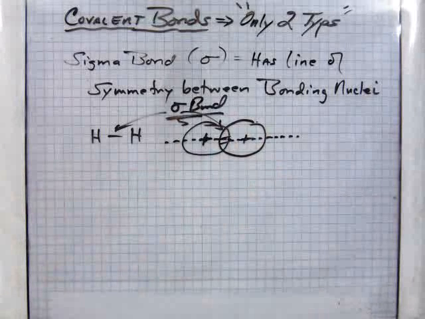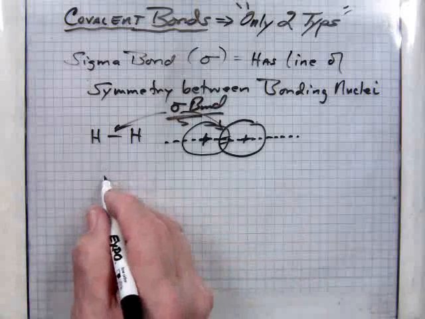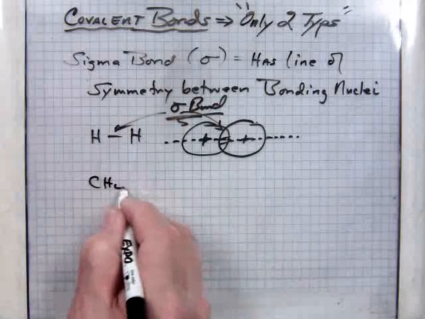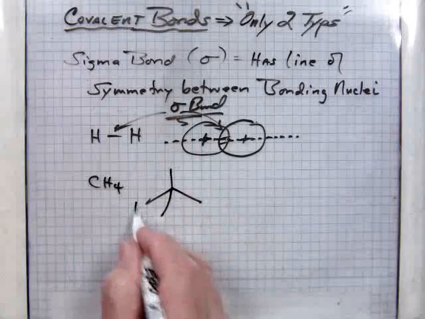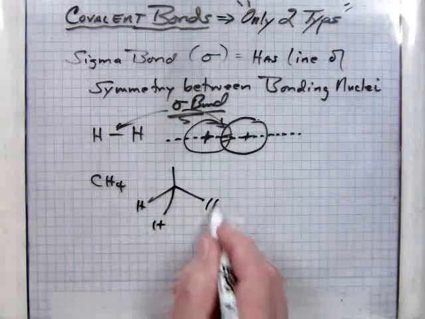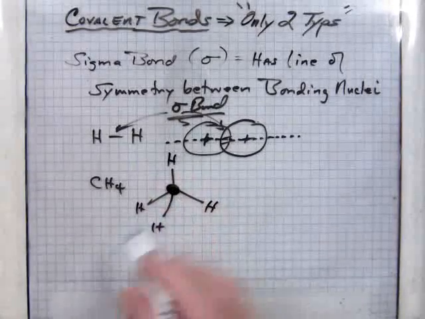The hybrid just supports the electron pair or non-bonded pair to accommodate incoming substrates. So like in methane, CH4, we see a geometry that looks like this with hydrogen, hydrogen, hydrogen, and hydrogen, central element carbon.